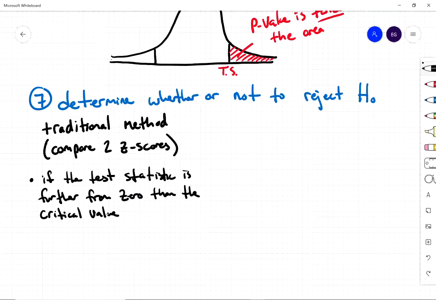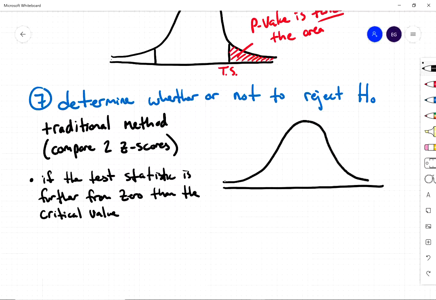Right? If the test statistic, so let's look at a graph. Let's say, for example, you found two z-scores. And let's say the critical value is right there. So remember, the center of the graph is 0. Let's say the critical value is this z-score, and the test statistic is over here. Test statistic.